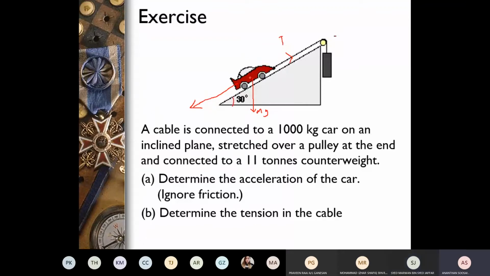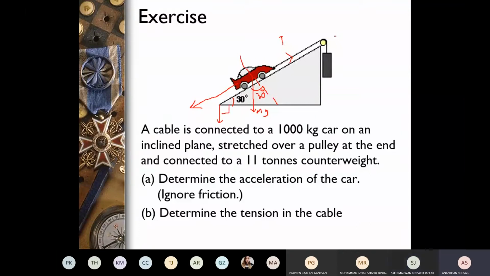If this is 30 degrees here, if I draw a line, here will be 30 degrees. Why here will be 30 degrees? You see this line and this line, I draw another line. Assume these two lines are parallel.